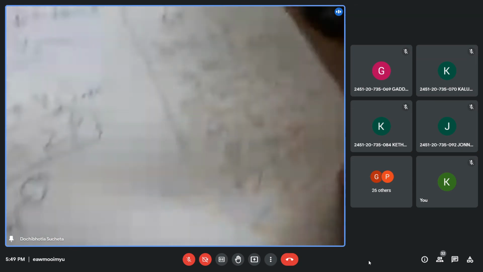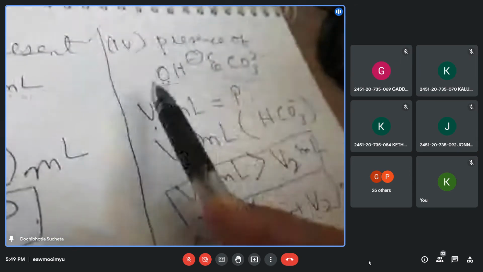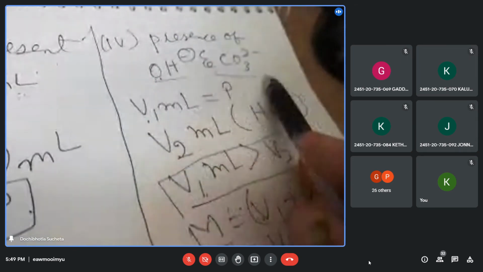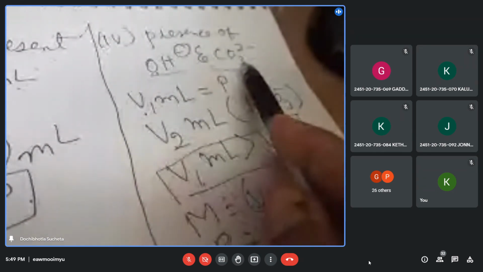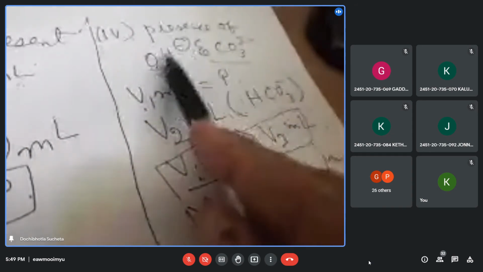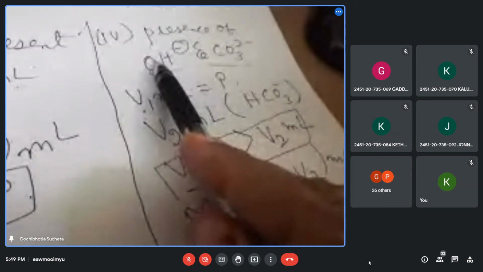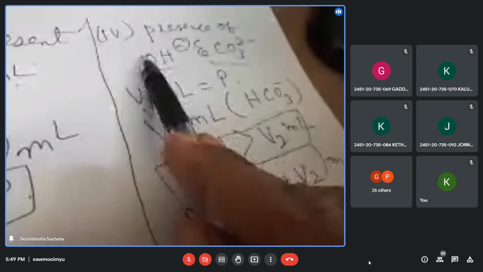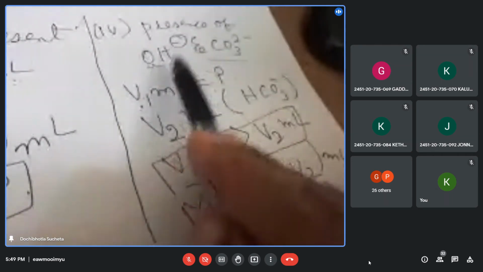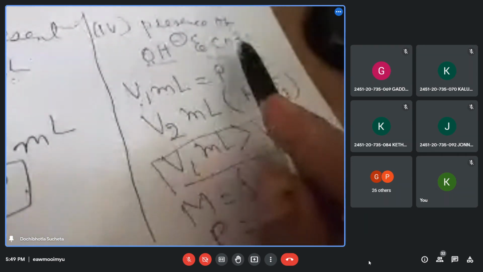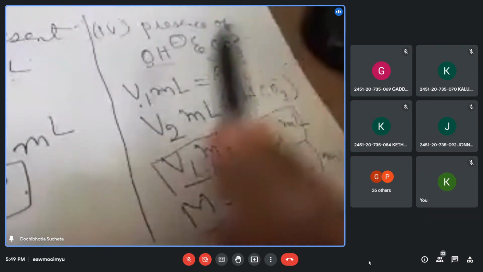Why is it easy? See, in the first step, when the acid was getting consumed with phenolphthalein indicator, both OH minus and carbonate ions were getting neutralized. Okay. And when the solution turned colorless, OH minus got completely neutralized, whereas the carbonate got half neutralized.